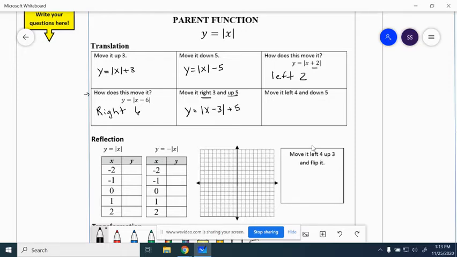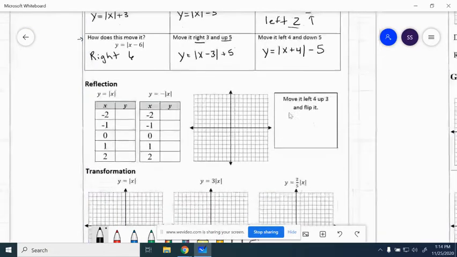Okay? How about this one? Move it left 4 and down 5. Okay, well, left was like this one, which was plus inside the absolute value bars. So this one's going to be y is equal to the absolute value of x plus 4, and then down 5 is just going to be minus 5.